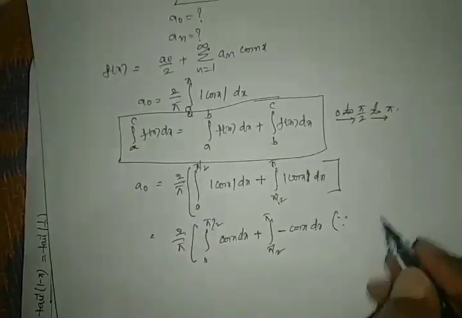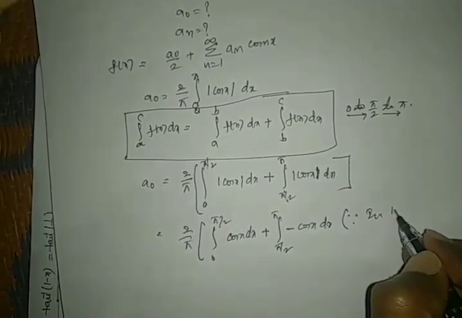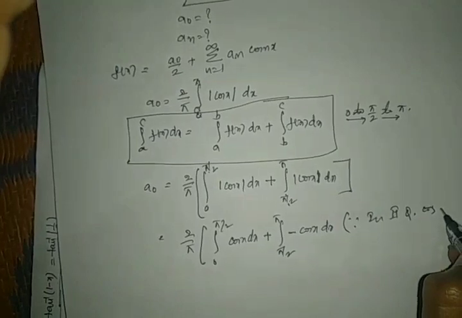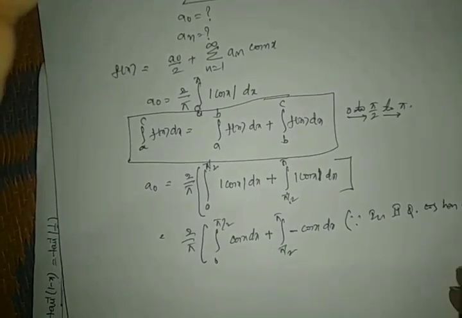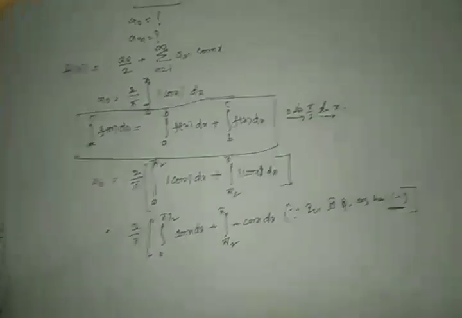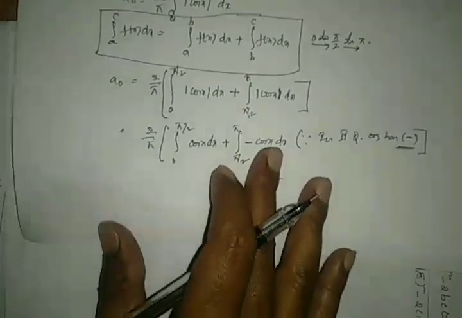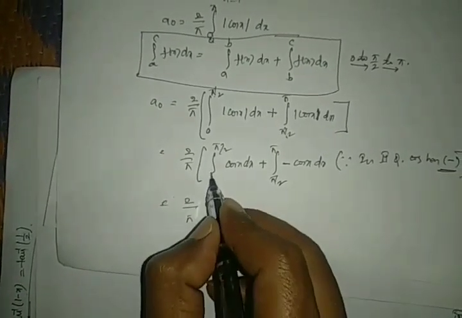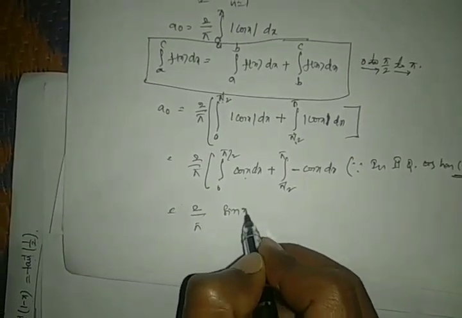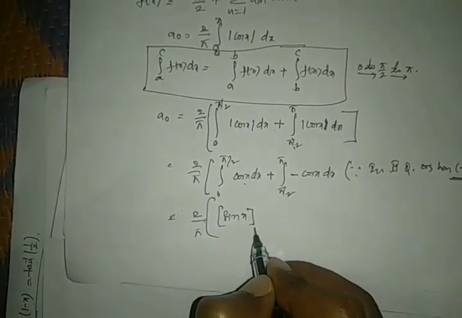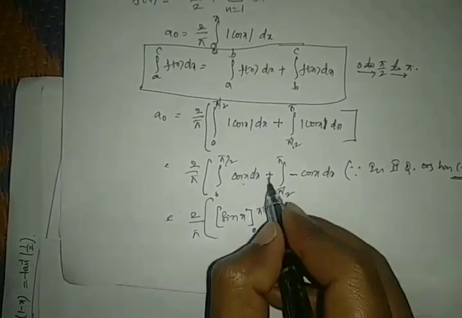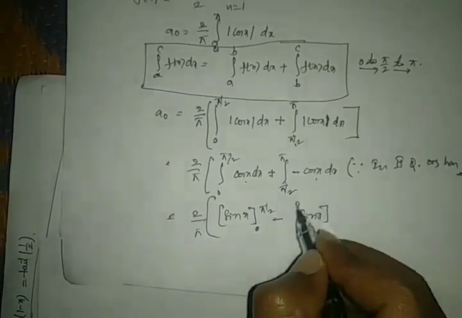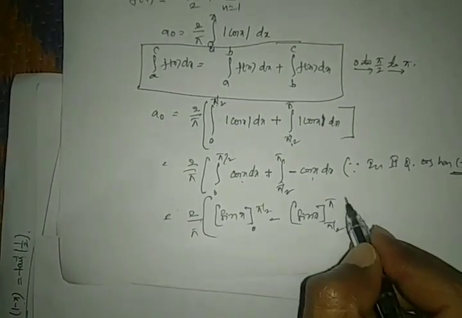Since in the second quadrant cos has a negative value, that is equal to 2 by pi, integral of cos is sin x from 0 to pi by 2, plus, and minus the integral of cos, again sin x from pi by 2 to pi.